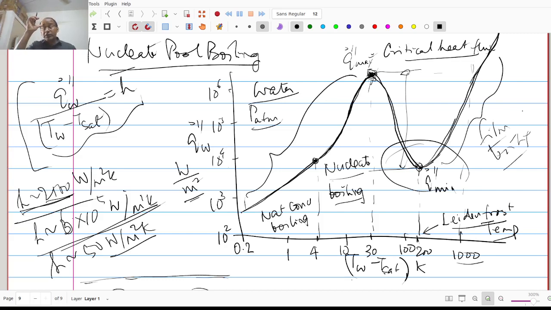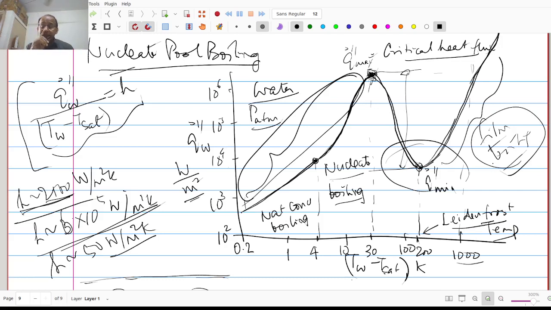So the heat transfer analysis of boiling typically deals with one part, which is the nucleate boiling leg, which deals with this side of the curve, and another set of correlations which deal with this side of the curve, because the phenomena are completely different from this side to this side.